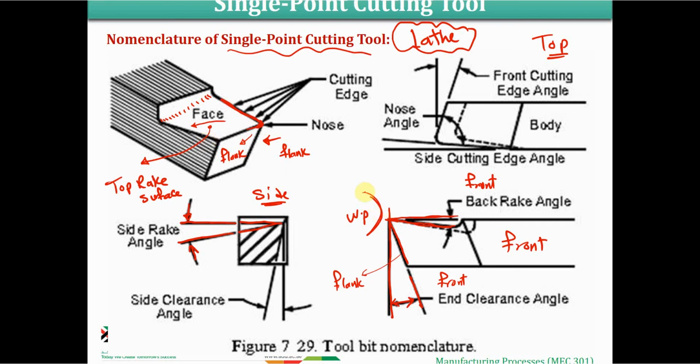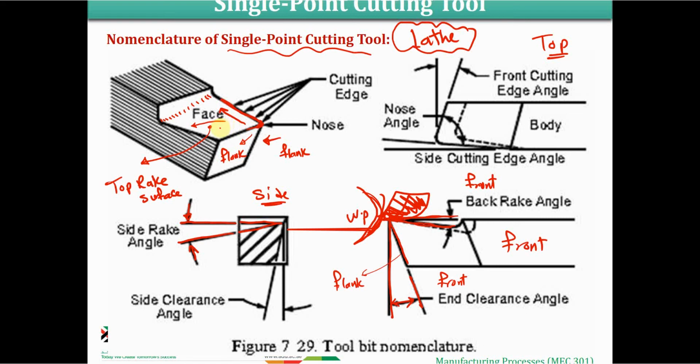Because during the turning operation, for example, this is the workpiece surface. So we should have a chip here. There would be a chip that is going to be removed, and we assume this is the chip that is going to be sliding over the surface of the tool itself, right? If we made this surface a straight surface like this case, the chip is going to slide over the entire surface.